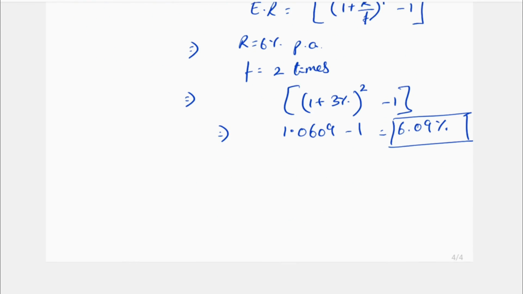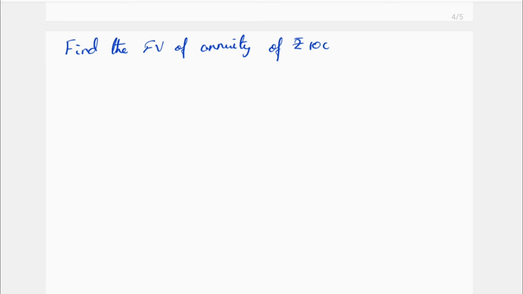All right, moving to the next question. Find the future value of annuity of rupees 1000 made annually for 7 years at 14% per annum compounded annually.